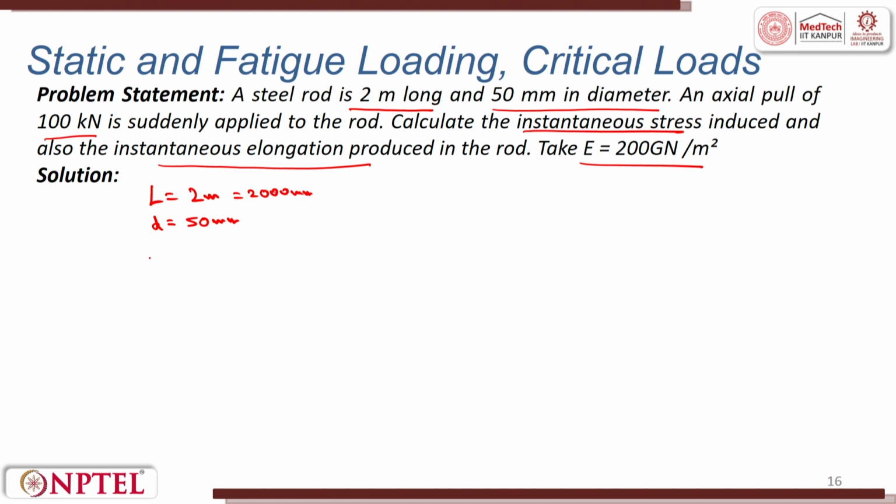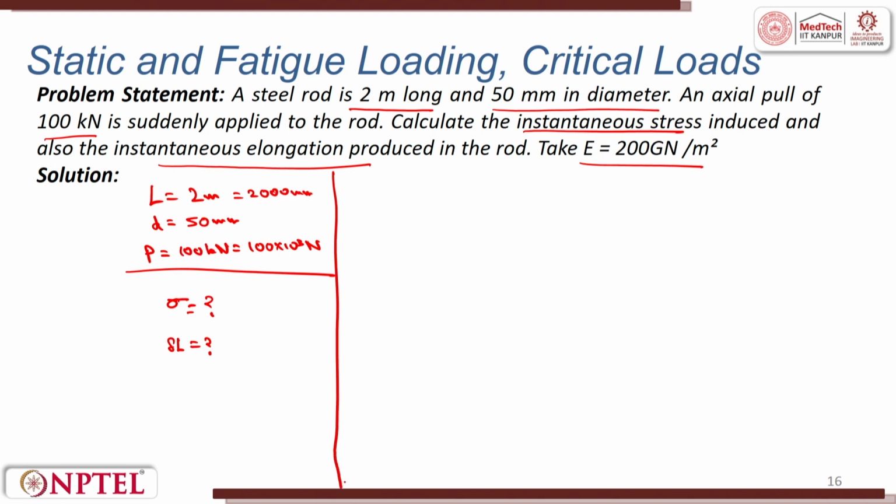We have been given the axial pull, that is the value of P is equal to 100 kilonewton or 100 into 10 raised to power 3 Newton. We need to find the instantaneous stress, that is, the value of sigma. We have to find the elongation, that is delta L. These two we need to know. How would you go about it? I am not solving it for you. You will find this solved in the lecture notes.